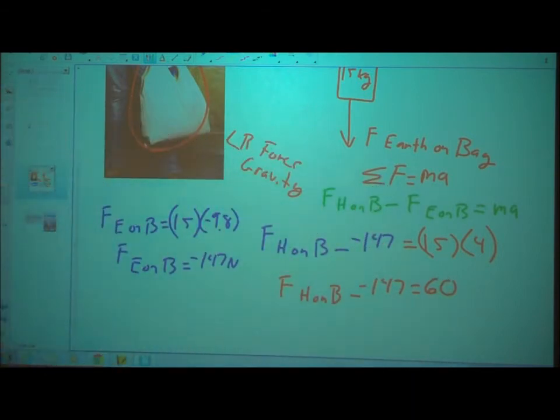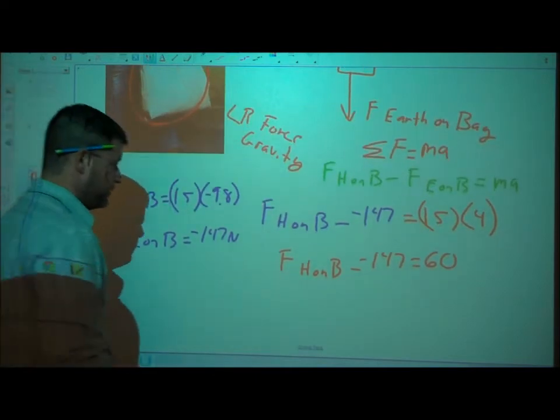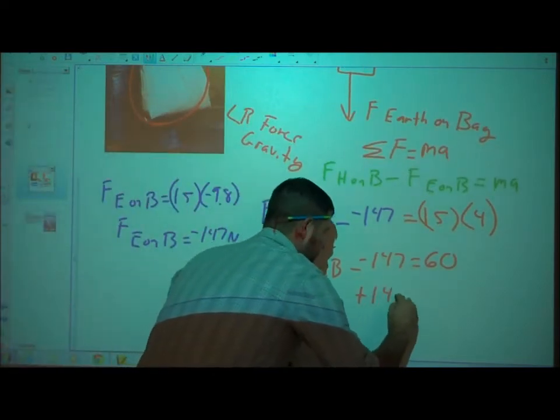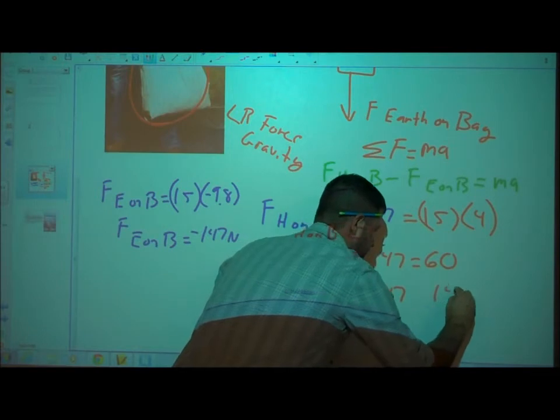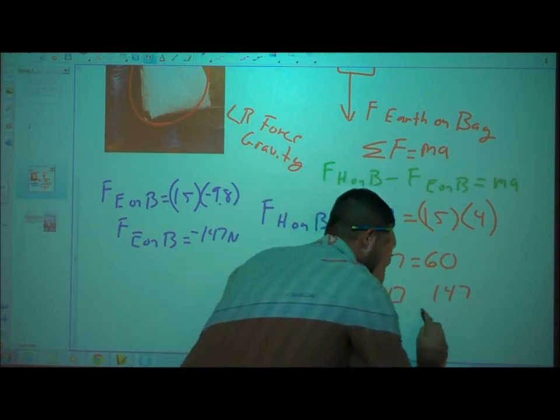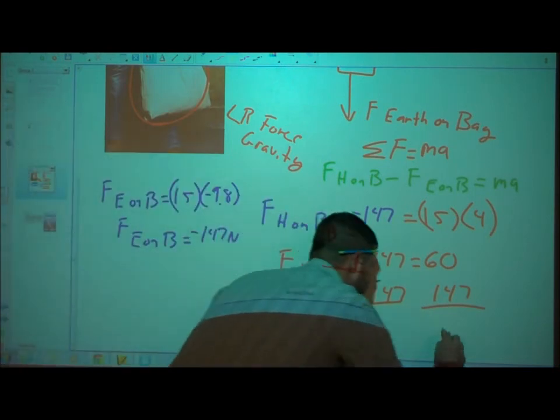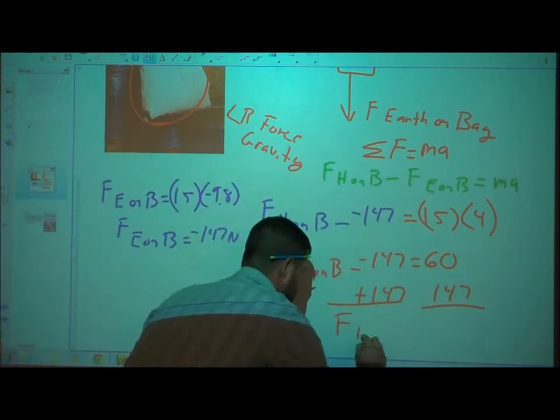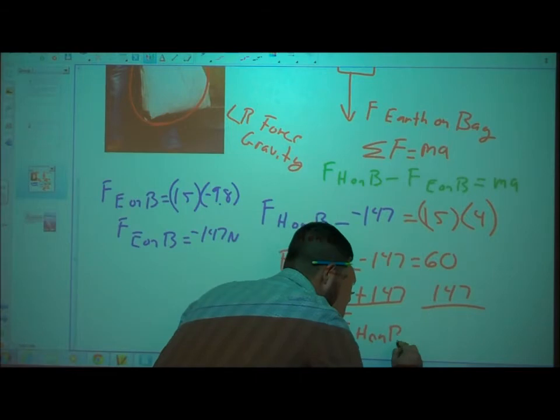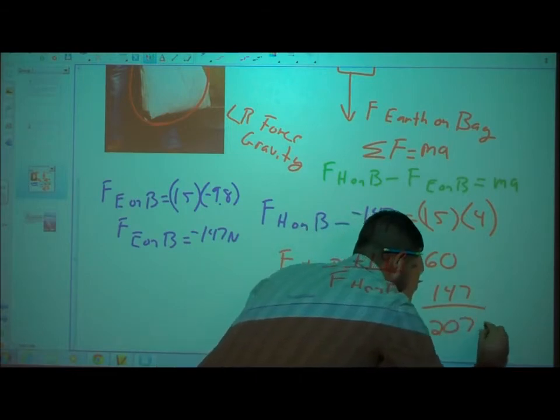We can go ahead and get that force of hand on bag by itself. To do that, we simply add 147 to both sides. We know that 60 plus 147 is going to be 270 newtons.